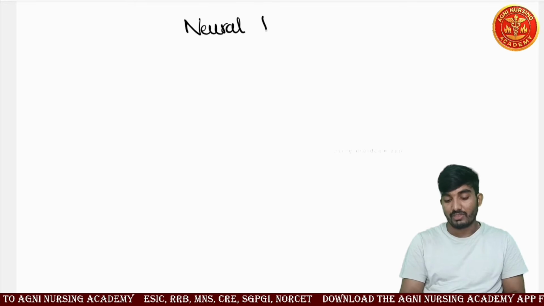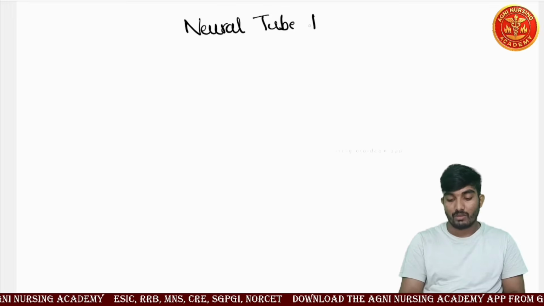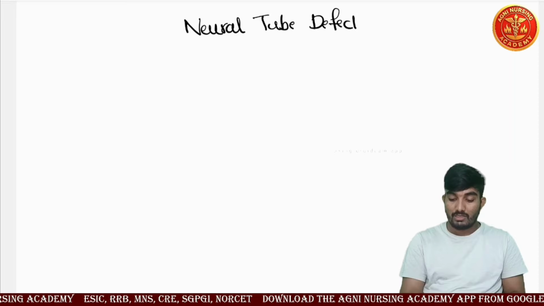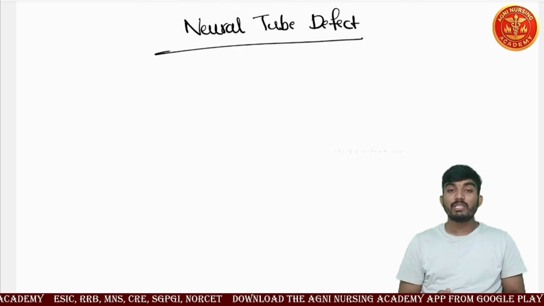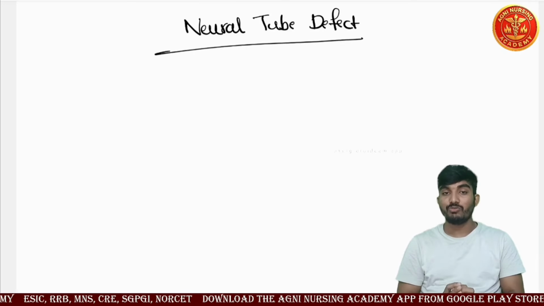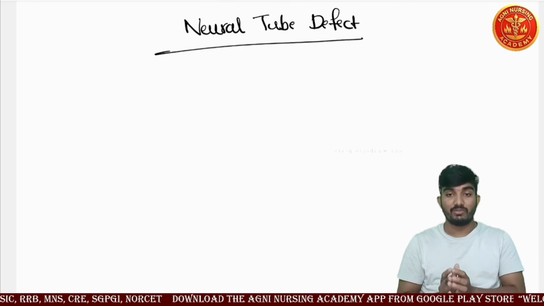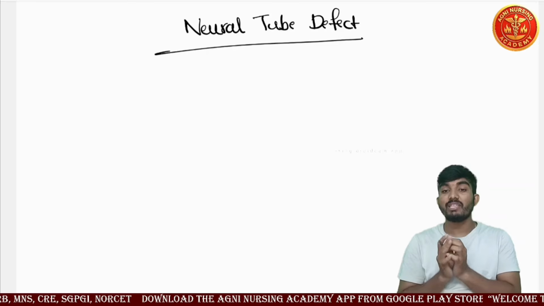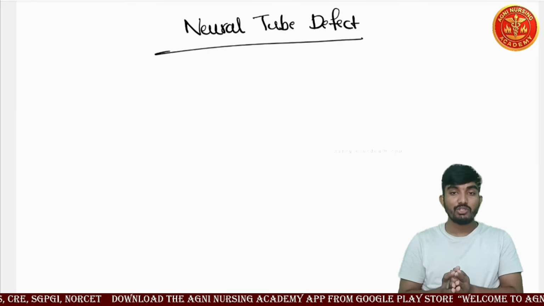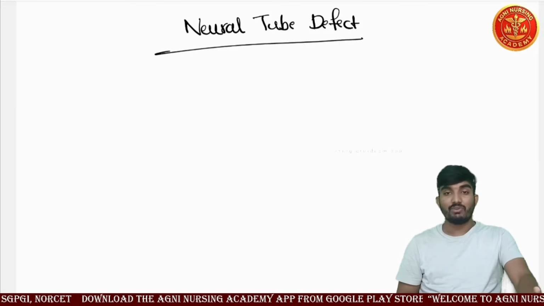Neural tube defect. The incomplete closure of the neural tube, or the defect in the formation of the neural tube, is called a neural tube defect.